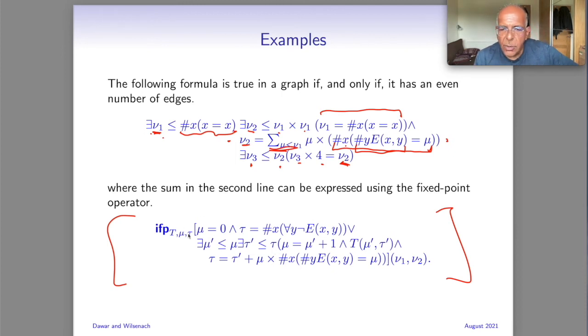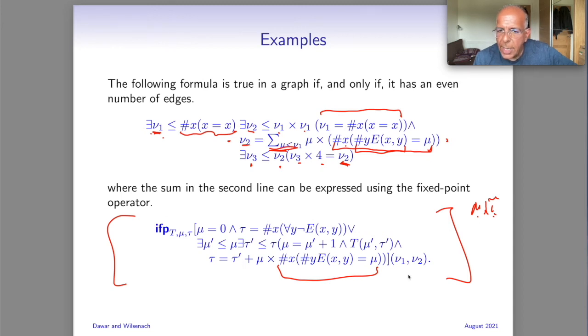It's constructing inductively the collection of pairs, mu, tau, where mu is a number and tau is the sum so far of all vertices of degree at most mu. So you start off with mu being 0 and tau being all those vertices of degree 0. And then inductively, if mu is mu prime plus 1 and the number you have so far is tau prime, then you add to tau prime mu times this expression over here.